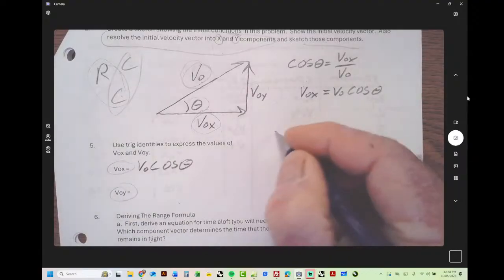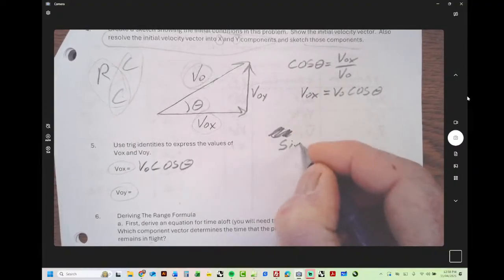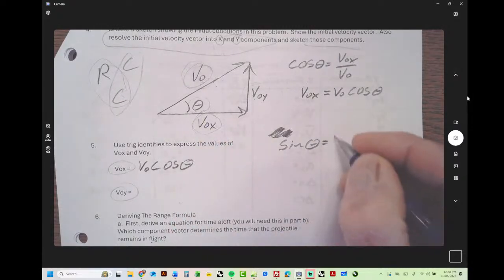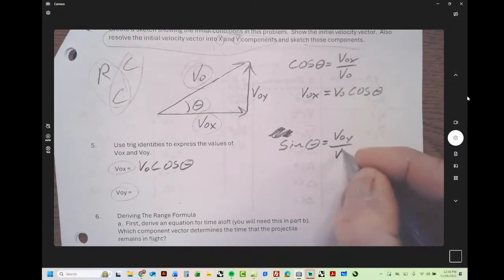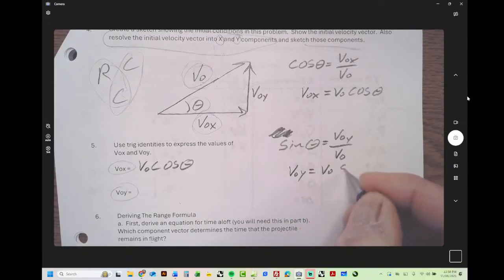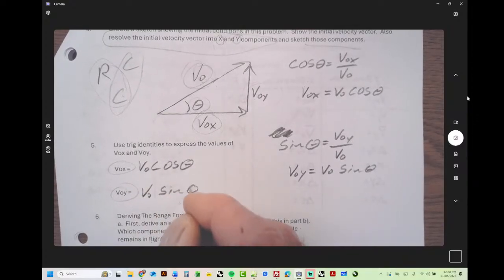Yeah, so I'm not going to write that yet, but I almost wrote the same thing. Sine of theta is opposite over hypotenuse, so it's v0y over v0, and therefore v0y equals v0 sine of theta.